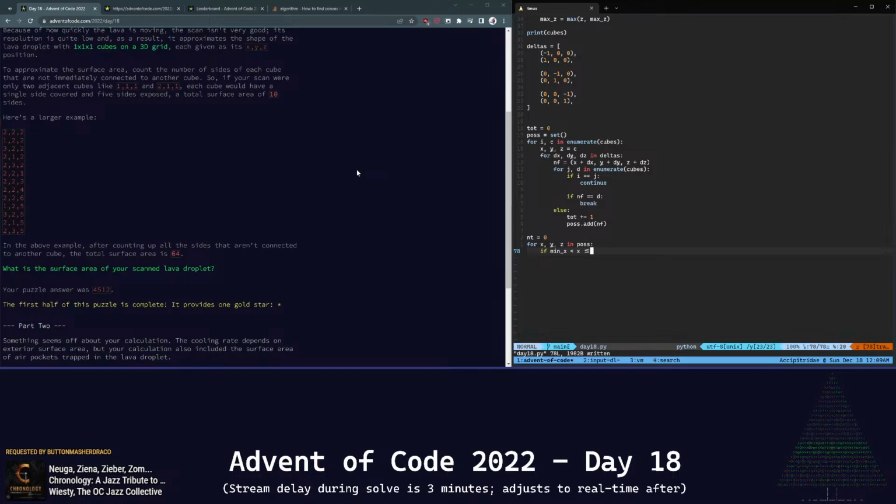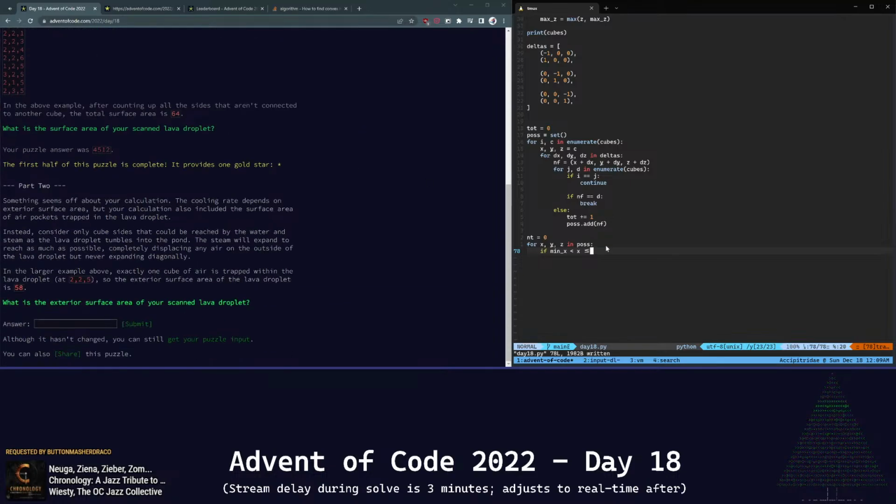Oh, I guess that's not necessarily true. It has to be internal along every dimension. I don't think this gets us the right answer. But I think it might be something.